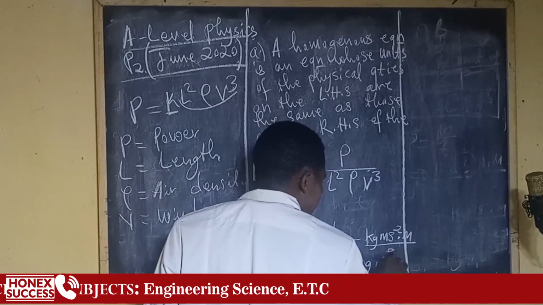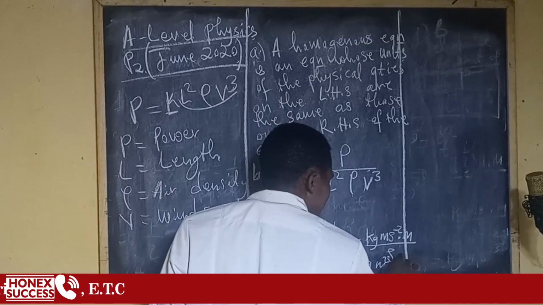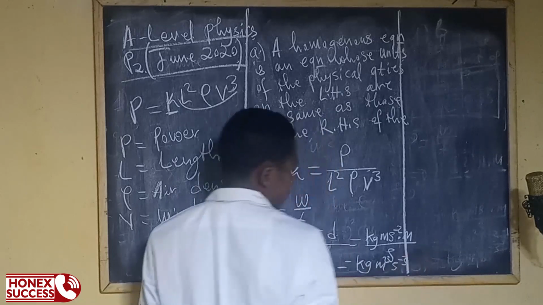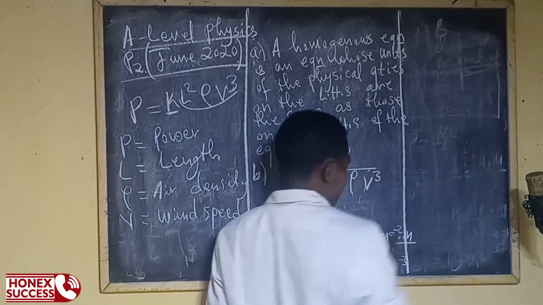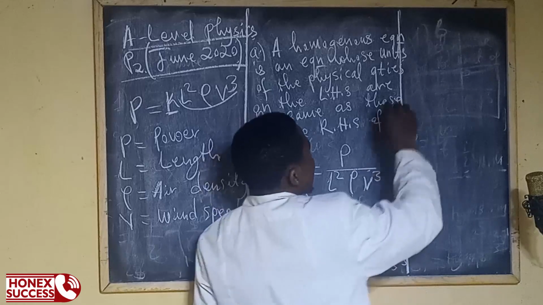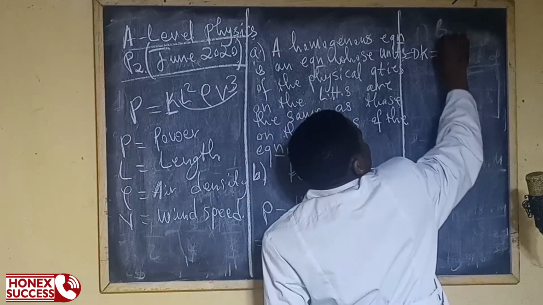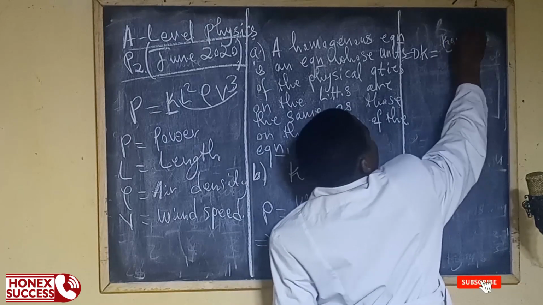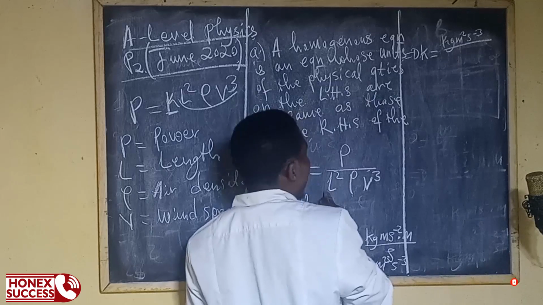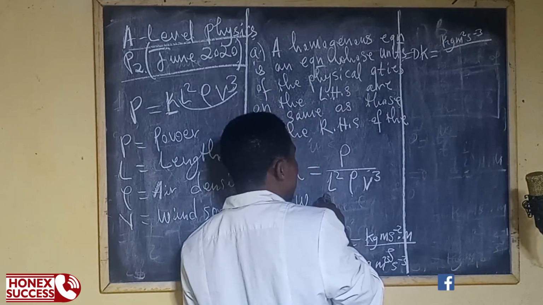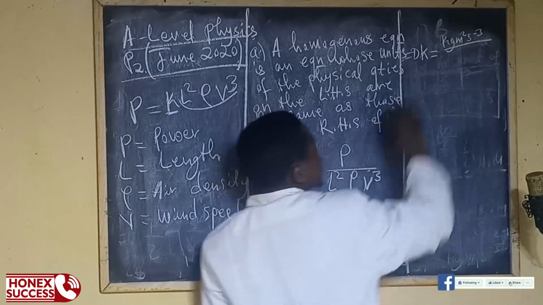We continue this way. This implies that K is equal to the base unit for power, kilograms meter squared per second cube, all over the unit for length, which is meter. We square it, just as L has been squared, and multiply by the unit of measurement of density.